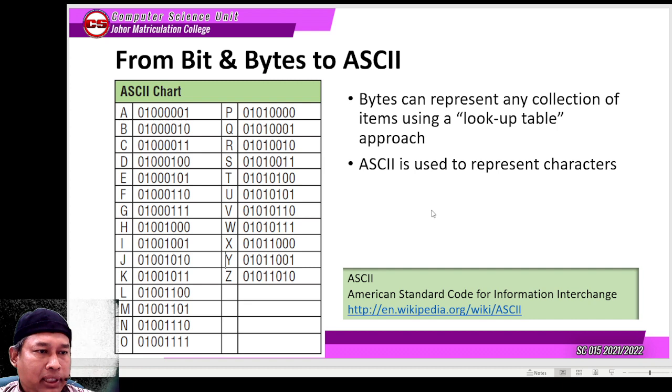Now for example, on the ASCII chart, the symbol for A, the computer only knows 0, 1, 0, 0, 0, 0, 0, 1. Symbol A is 8 bits. So ASCII uses 8 bits to represent a character.